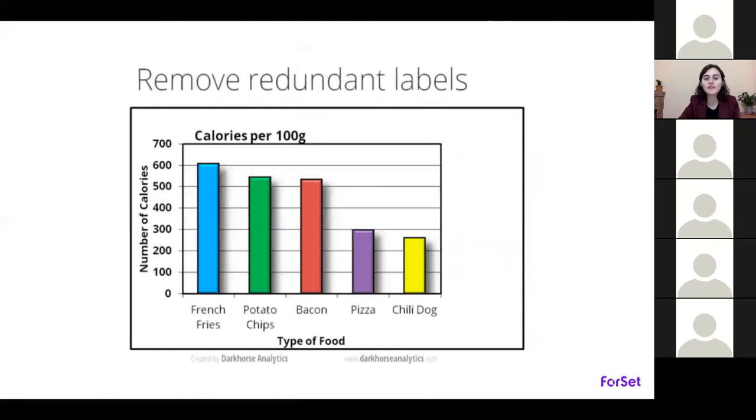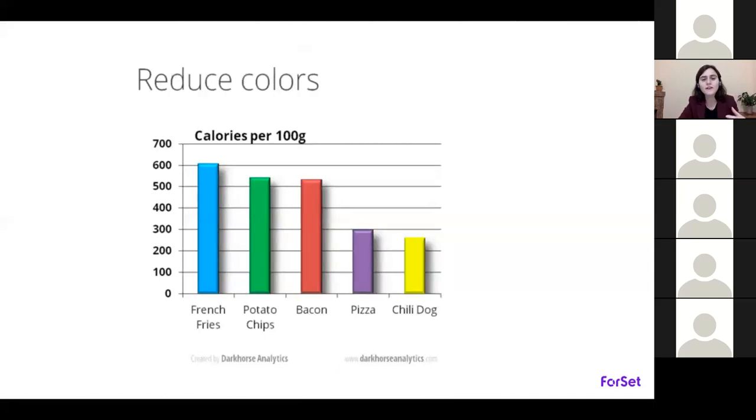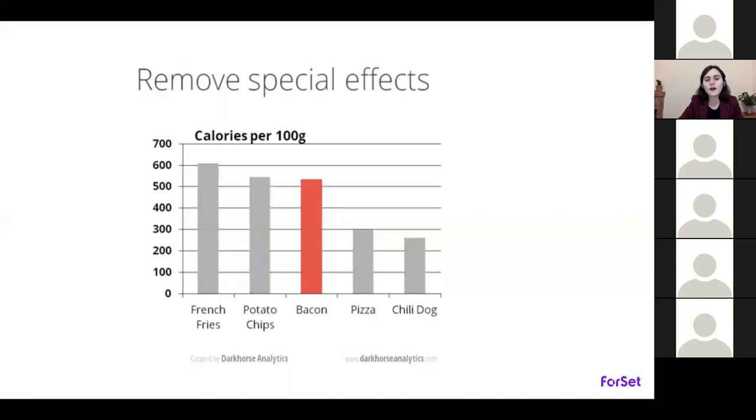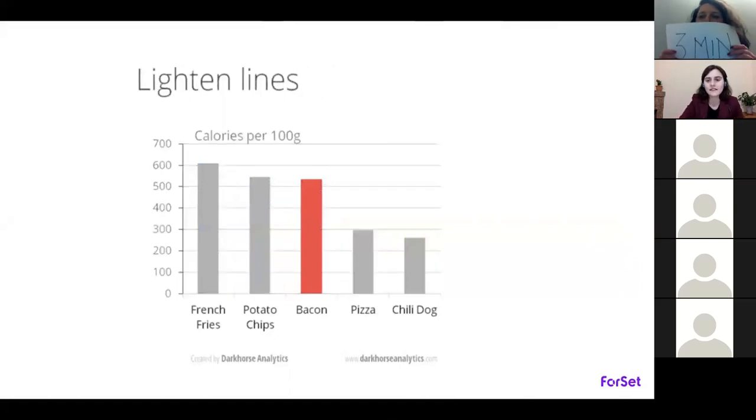So whenever it's possible, take out the grid lines, take out the labels, do not use duplicated values, do not use extra colors, and make visuals less complicated, like in this example.